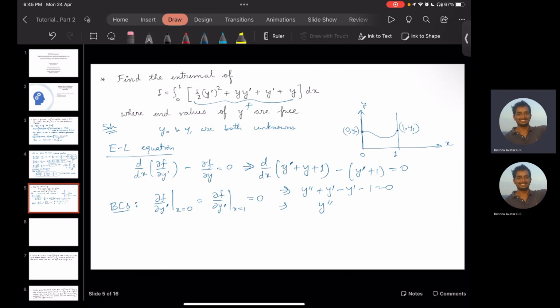And we can also write it as y double prime is equal to 1. So upon integrating it twice, y prime is equal to x plus a, and then y is equal to x squared by 2 plus ax plus b.